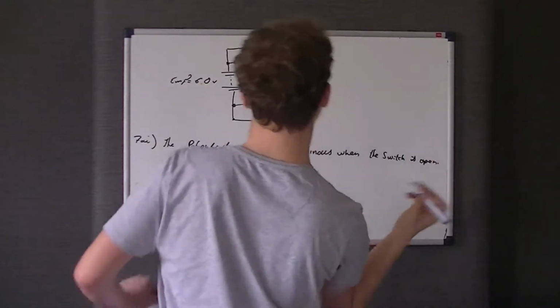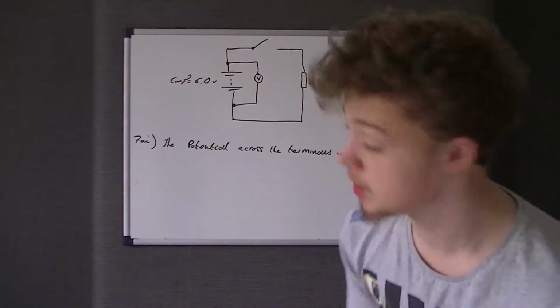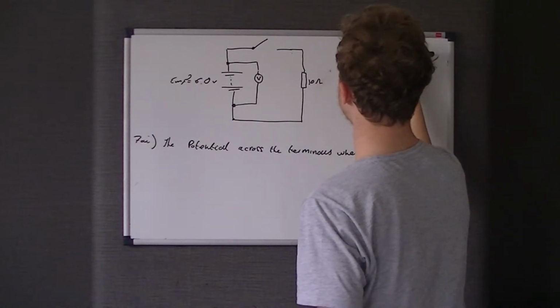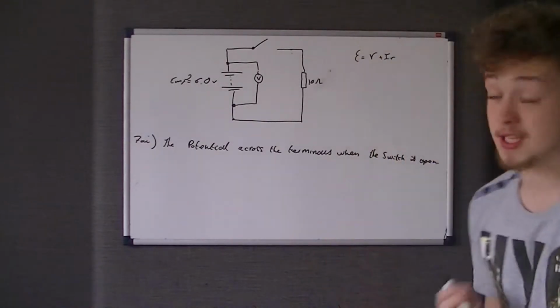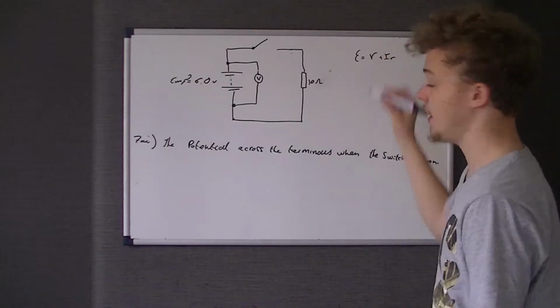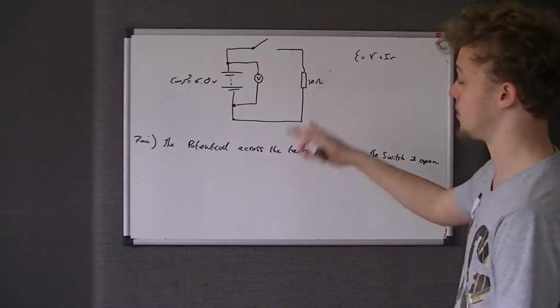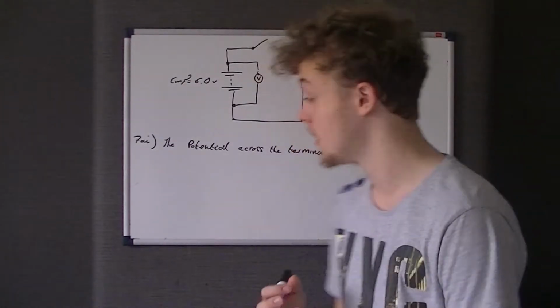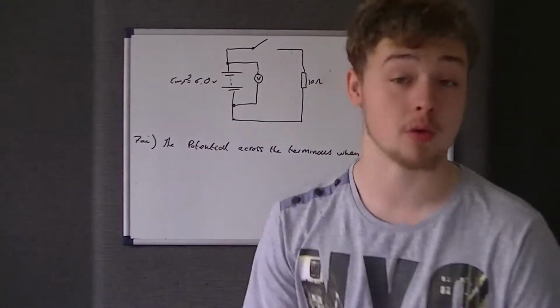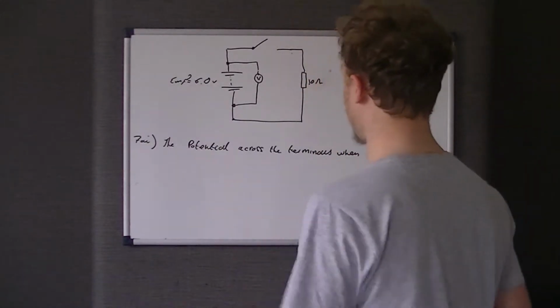Well, the reason is, you should know that the EMF equation is E equals V plus I times little r, where little r is the internal resistance of the battery. And this V, the potential difference, is the potential difference of all the components in the circuit. Because there's only one component, the 10 ohm resistor, V just relates to the potential difference of the 10 ohm resistor.